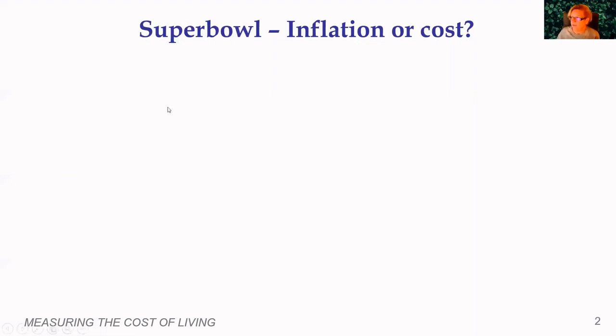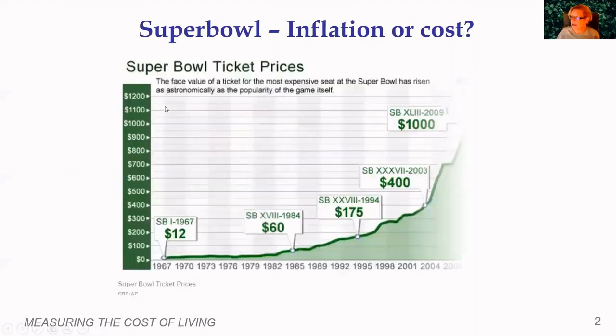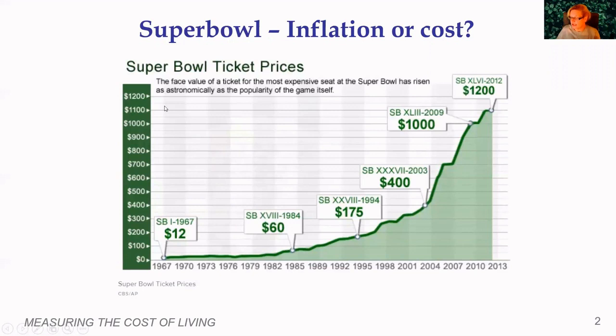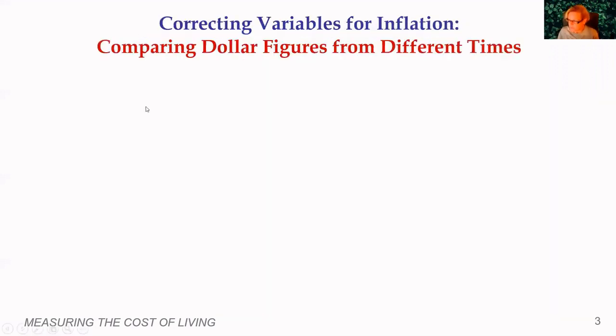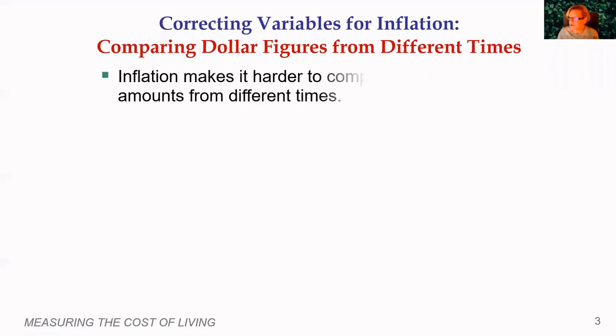Super Bowl, inflation or cost? I actually have some data for this, so this gives you a good example. In 1967, a Super Bowl one ticket cost $12, and in 2012, it cost $1,200. My question for you is: is this inflation or is this the cost of production? We're going to talk about that a little bit more. So how do we compare different figures for different time periods?